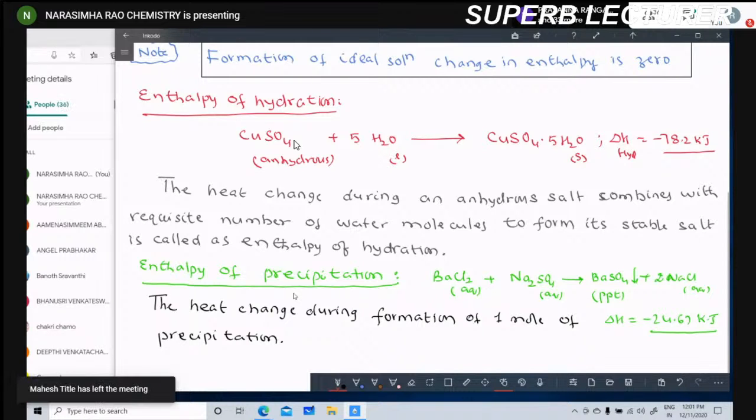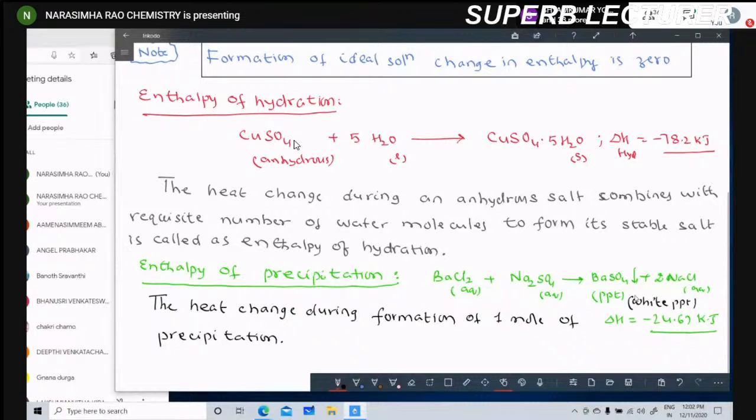Sir, what is the color of the BaSO4 precipitate? Which color?